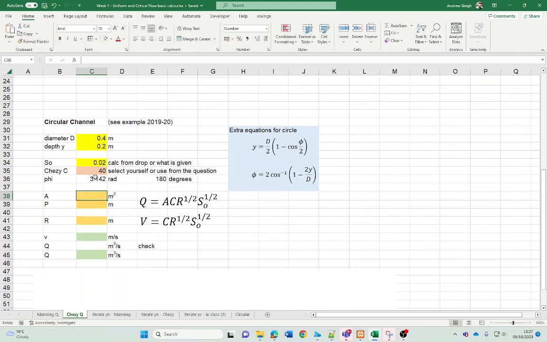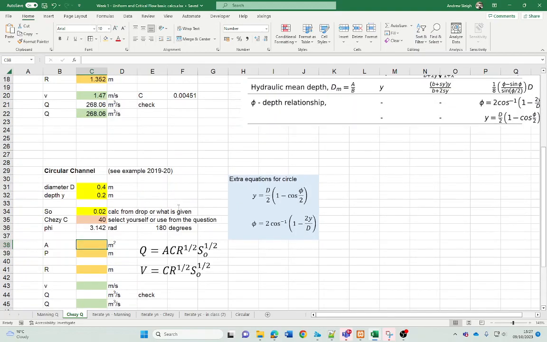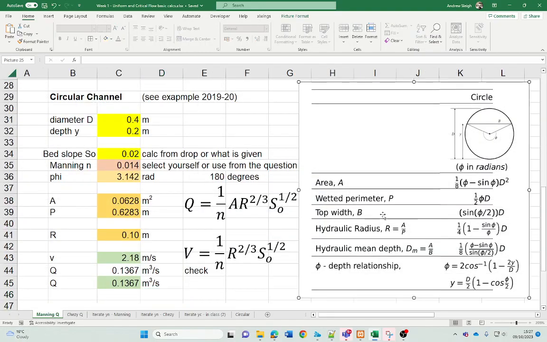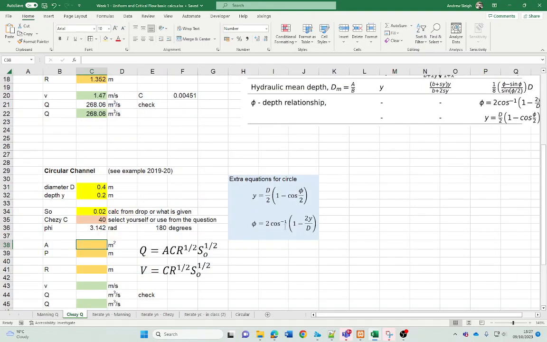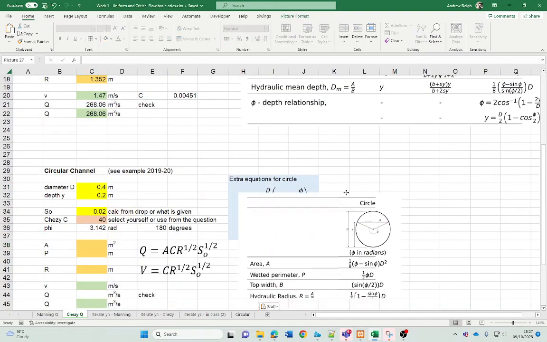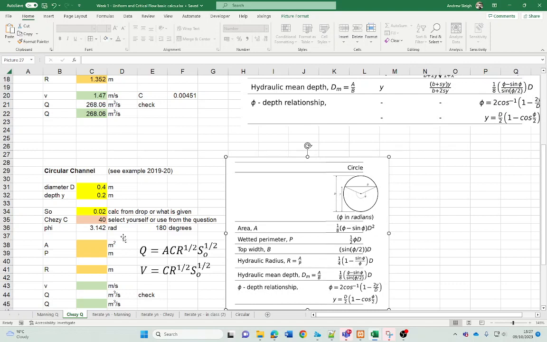I should just say I've done the calculation for phi by applying this second equation, arc cos of 1 minus 2 times y divided by d. I need to remind myself of these formulas now. I've got them on my previous sheet, so let me copy them here so they're handily available.